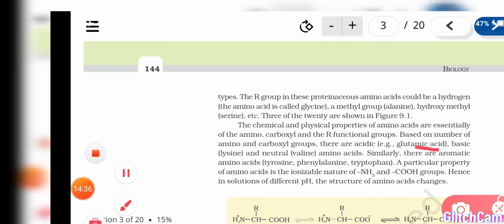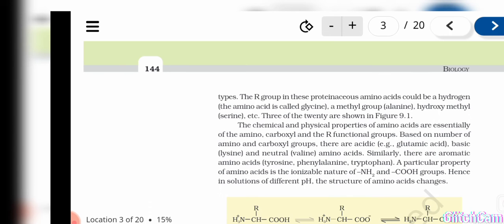They contain more COOH groups. One COOH group will be there in the alpha carbon and in the R group. If they are having more carboxylic groups than the amino groups present in the amino acid, then it's an example for what kind of amino acid? Acidic amino acid. Example for acidic amino acid is glutamic acid.